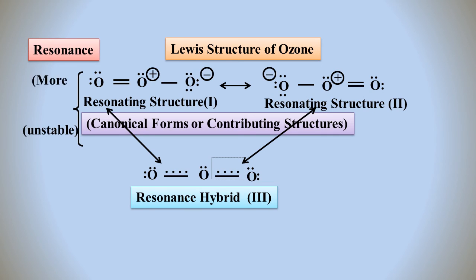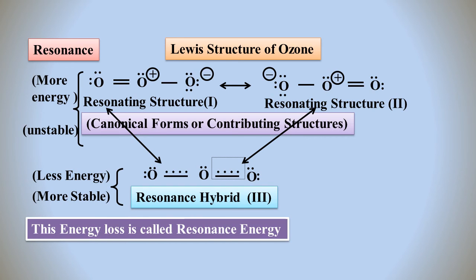Each contributing structure is unstable, with more energy, but when we reach the resonance hybrid, we have less energy and more stability, reaching the Lewis structure of ozone. This energy loss is called resonance energy.